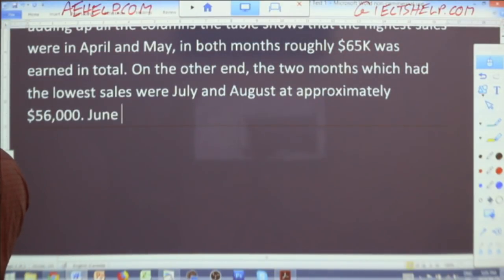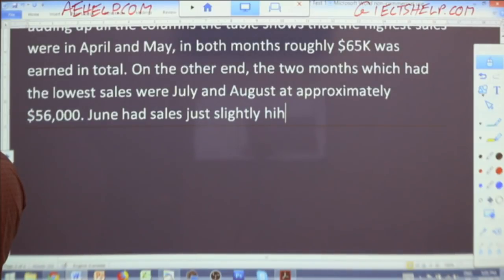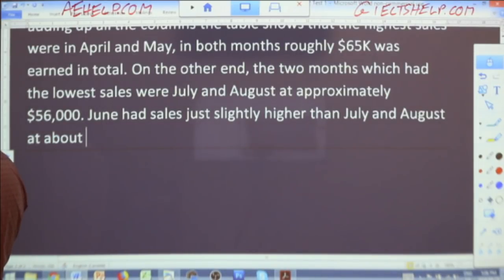June had sales just slightly higher than July and August at about 59,000, let's say.